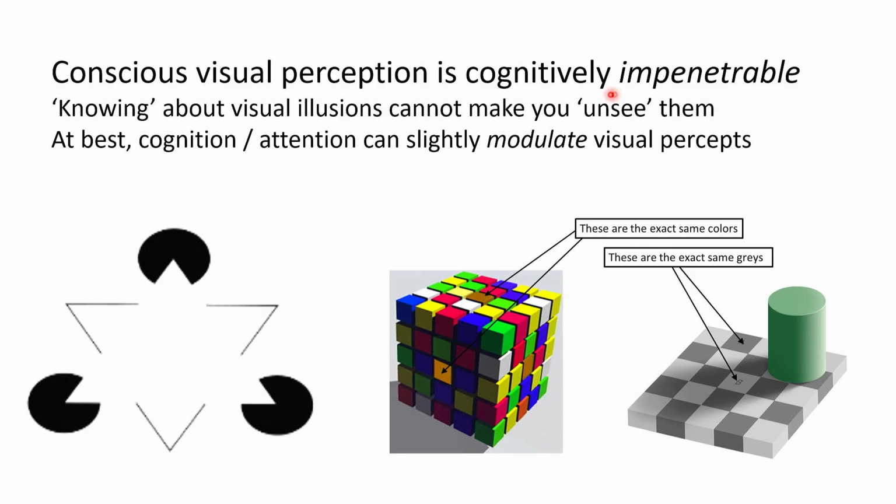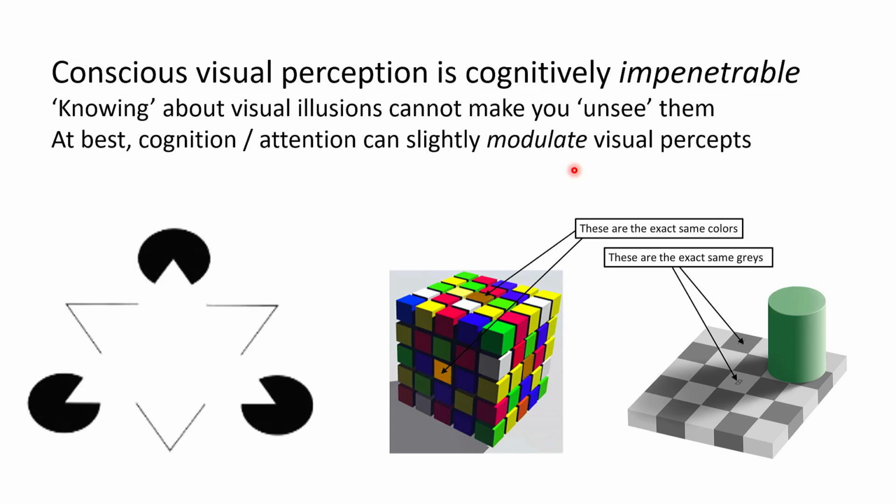Of course, we know that cognition and attention can modulate your visual percepts. Attention increases the level of processing and stuff like that, so responses typically get a bit larger. So in that sense, it may modulate your visual percepts. And for example, if you really focus your attention on, say, one of these Pac-Men, it may become difficult to see the Kanizsa triangle. So there are slight modulations by cognition and attention that we know of.